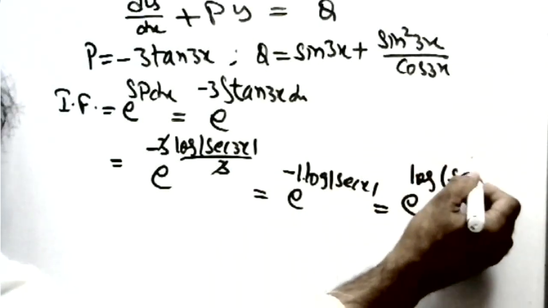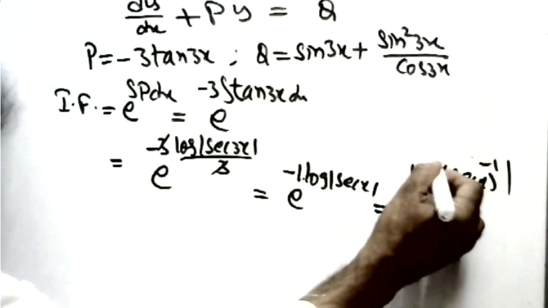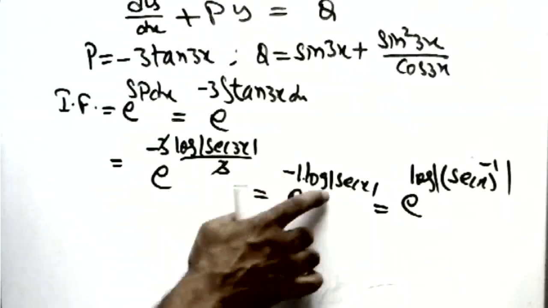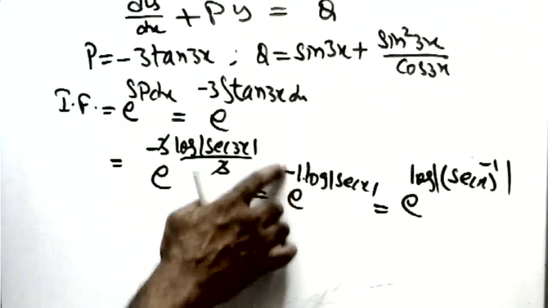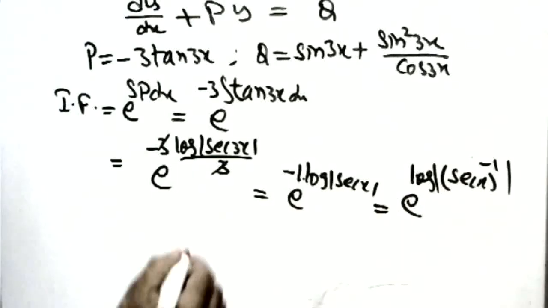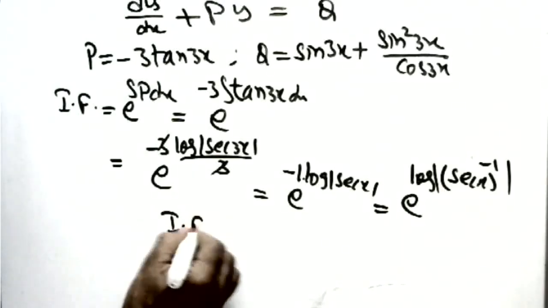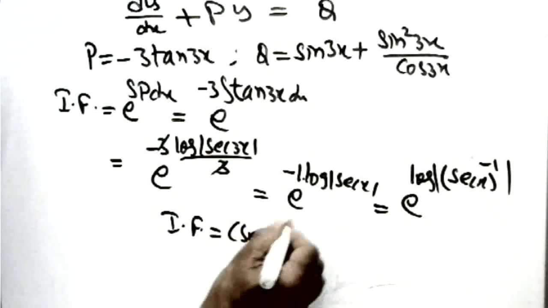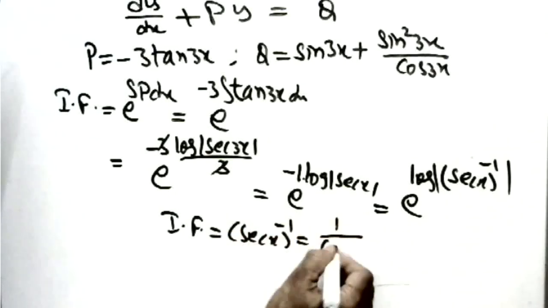It will be e to the power of log of secant x power -1. Now e and log will get cancelled. Before taking out minus, it cannot get cancelled. First you take out this minus, it will be in the power. Now e and log will get cancelled. So what is left here? Integral factor equals to secant to the power of -1.